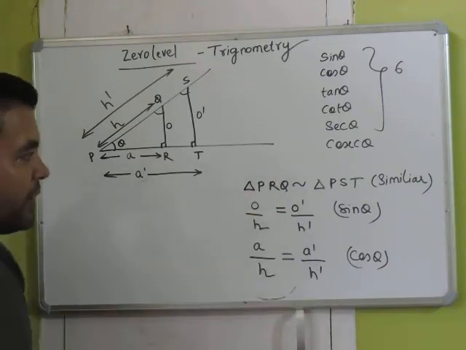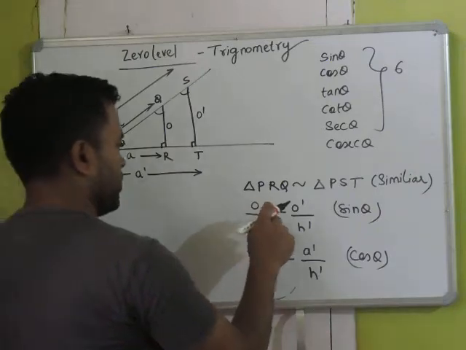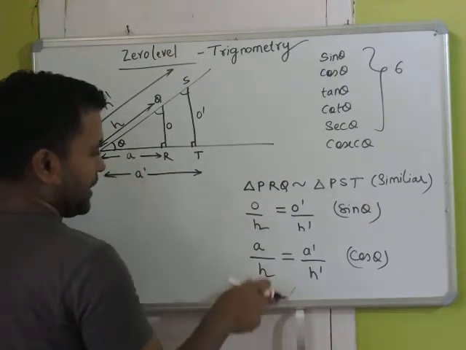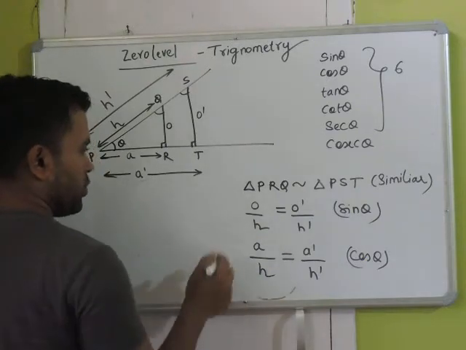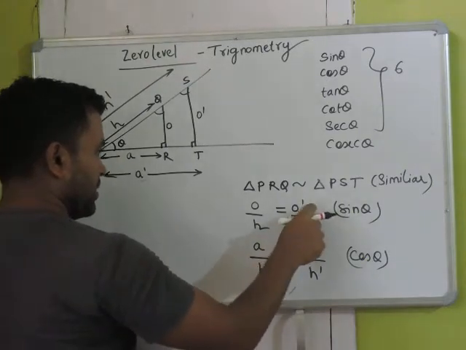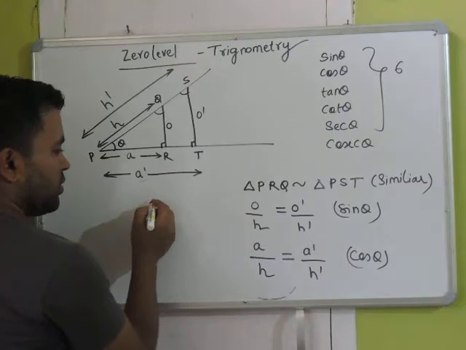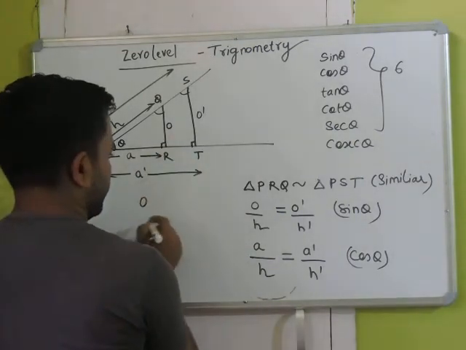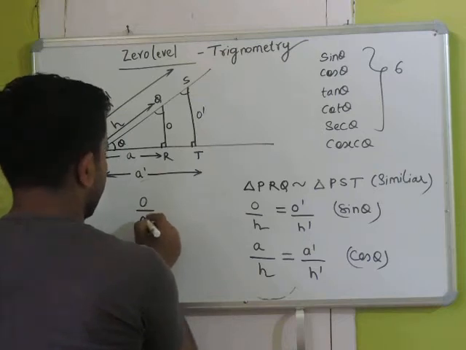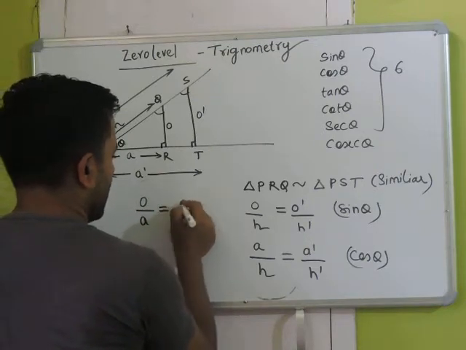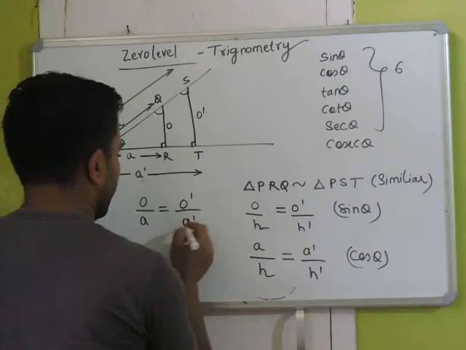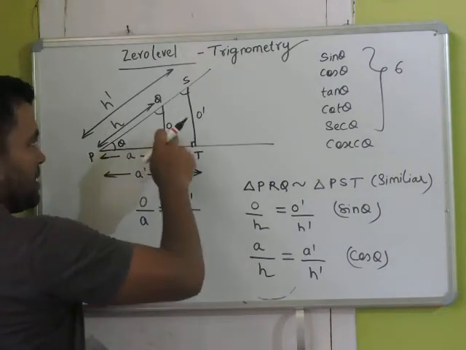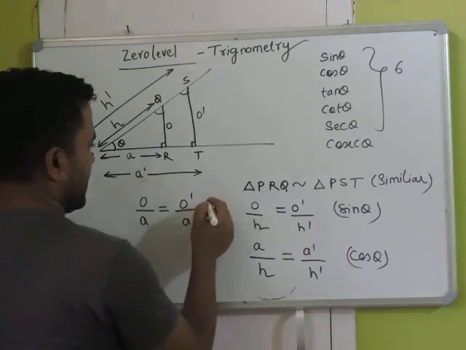Now if you divide this by this, then you will find that h will get cancelled here. So we are going to get O by A is equal to O prime by A prime, and this ratio is nothing but perpendicular by base, so this is nothing but tan theta.